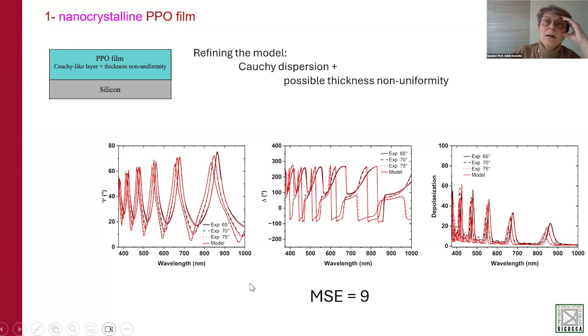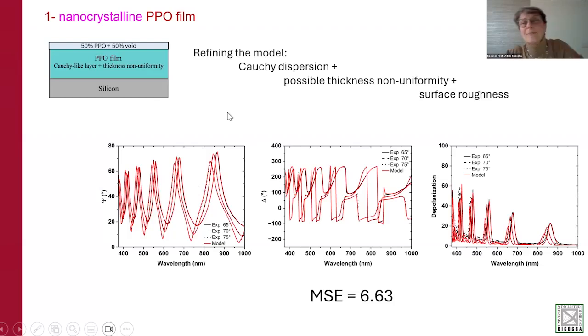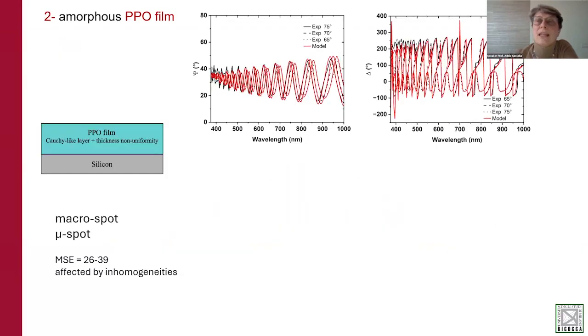Then we refined one more step, adding the surface roughness, a layer of amorphous PPO plus void. We got at the end something rather satisfactory, where the error is about 6 or 7. Consider that the error can be as low as 1 or 2 in the definition of the software we are using.